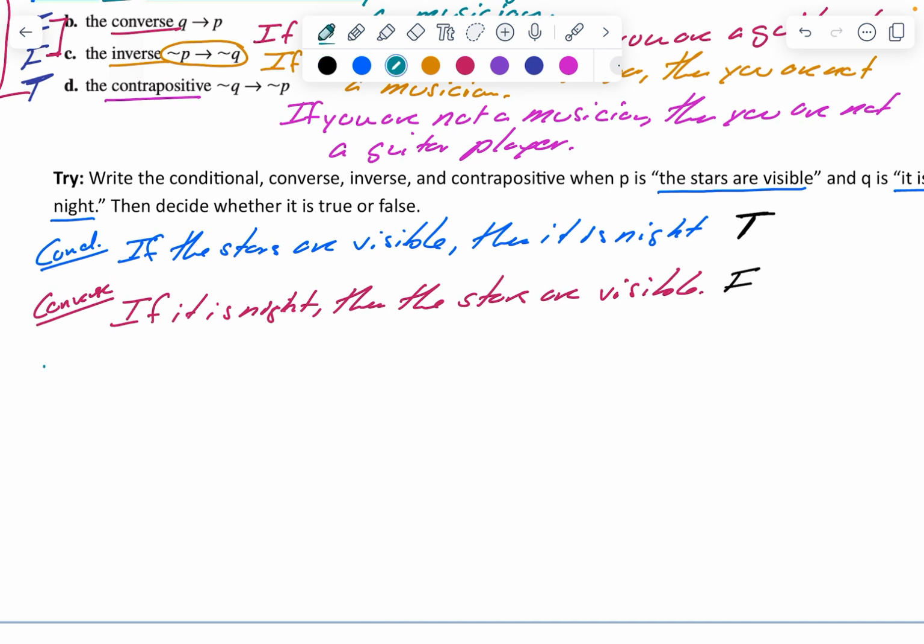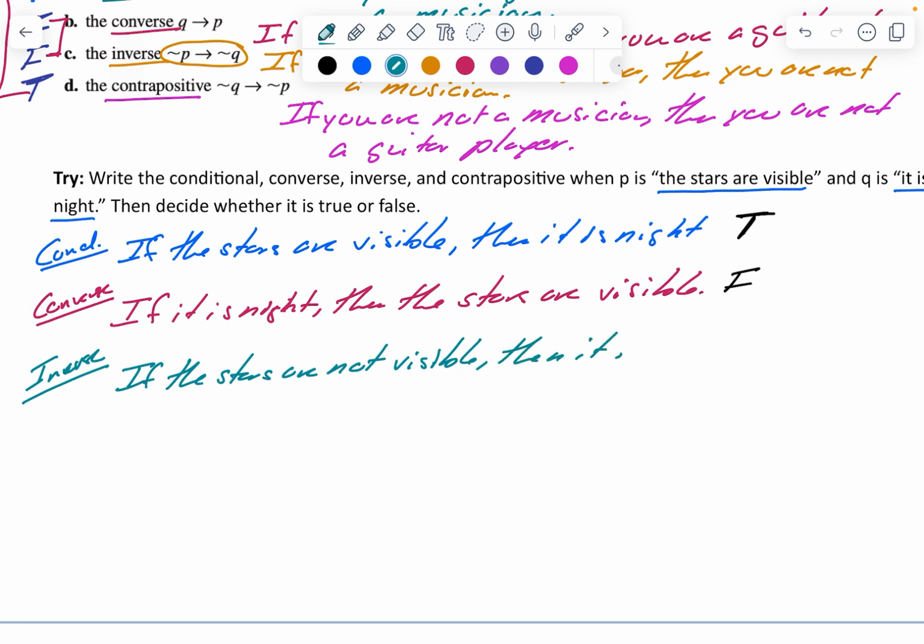Next we have the inverse. The inverse would be if the stars are not visible, then it is not night. And just like the last one, if the stars are not visible, it doesn't mean it's not night. It could be clouds or something else.